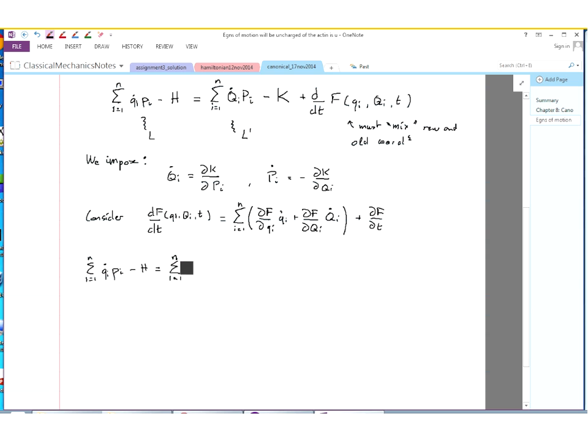And on the right-hand side, I have the sum from i equals 1 to n of capital Qi dot capital Pi minus K, and then plus the thing that I just wrote above, the df/dt, so that's the sum from i equals 1 to n of ∂f/∂little qi times qi dot, plus ∂f/∂capital Qi times capital Qi dot, plus outside of the sum ∂f/∂t.